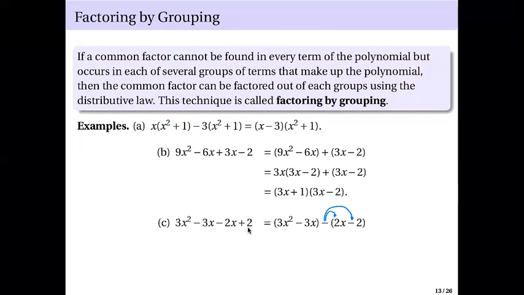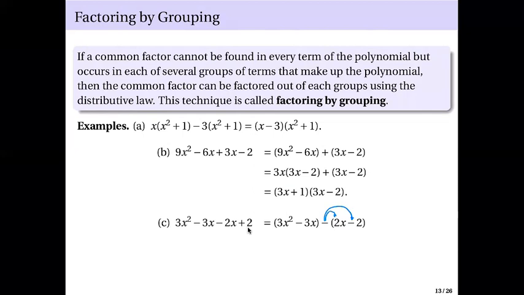So when you factor out a negative sign, be sure to change the signs of the group. Remember, when you have a negative sign and then you have the grouping, when you distribute that negative sign, you change all the signs inside the group. That's the same thing as when you factor out a negative sign.